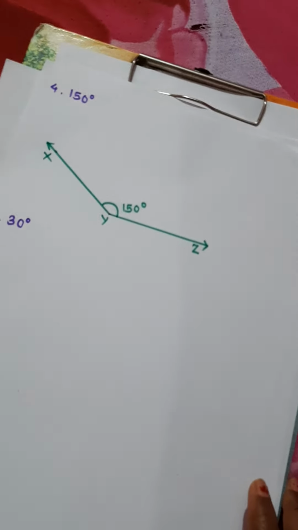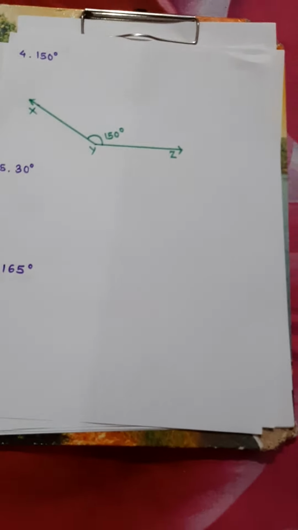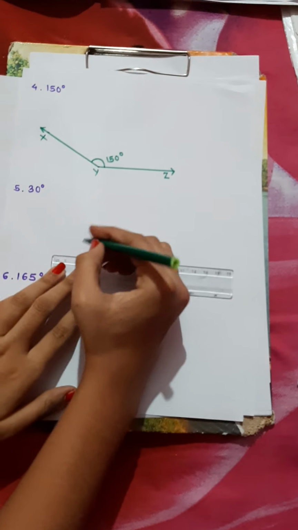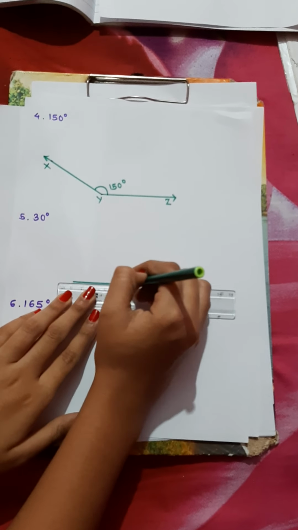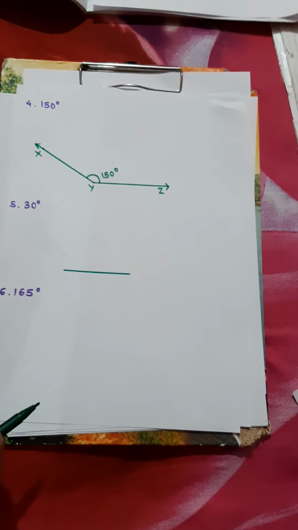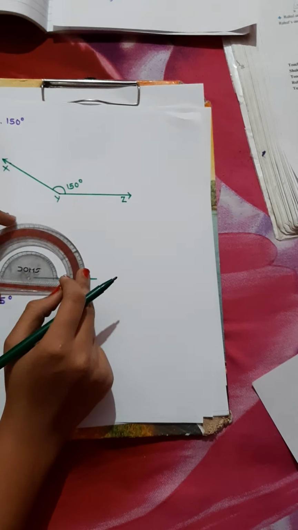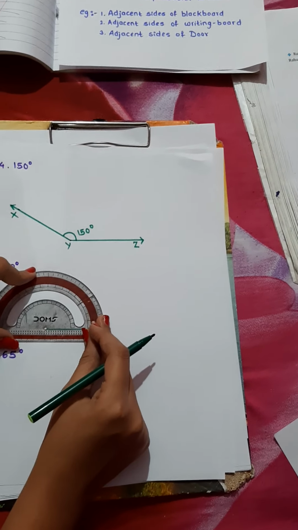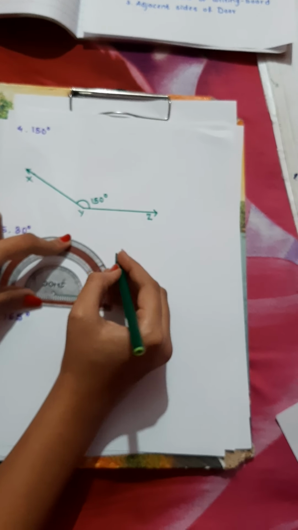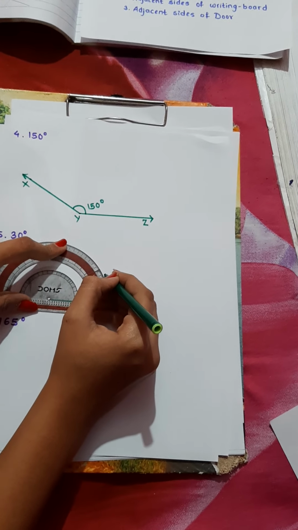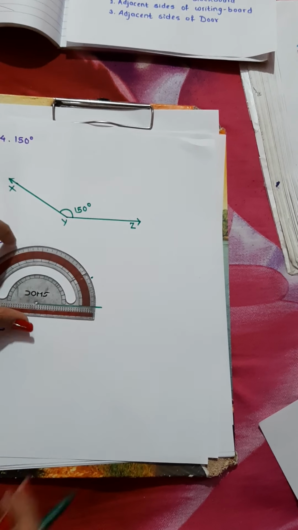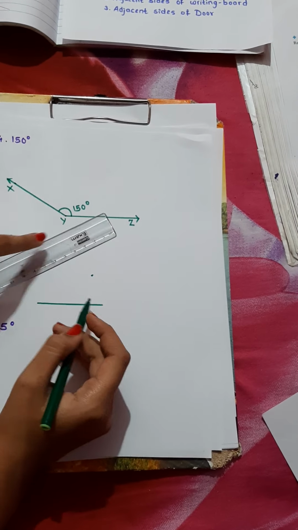Look at the next angle, that is 30 degree. Now less than 90 degree means acute angle. So how will its shape come? Inside. Draw one horizontal line. Keep the protractor properly and see 30 degree. Mark the point there and then join with the scale.